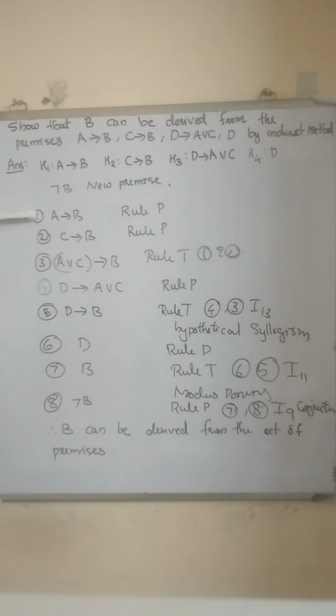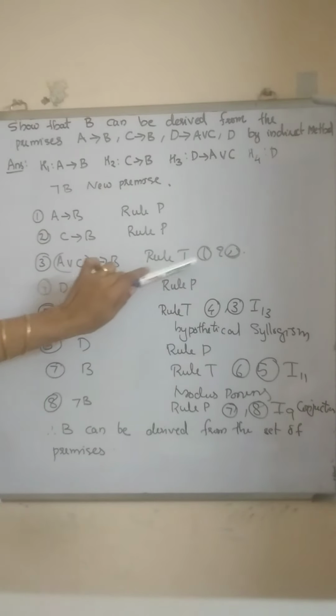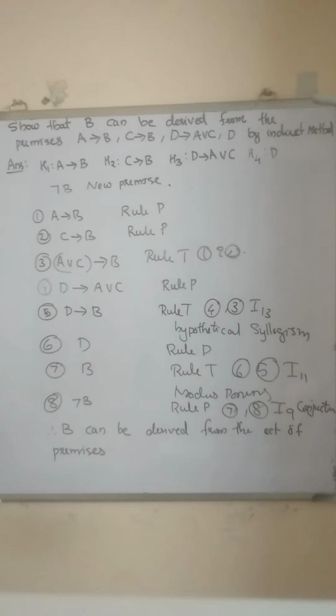Start with the first premise A conditional B, that is rule P, and introduce the second premise C conditional B, that is also rule P. Taking the disjunction, we get A or C conditional B or B, that is B. So rule T by using 1 and 2.